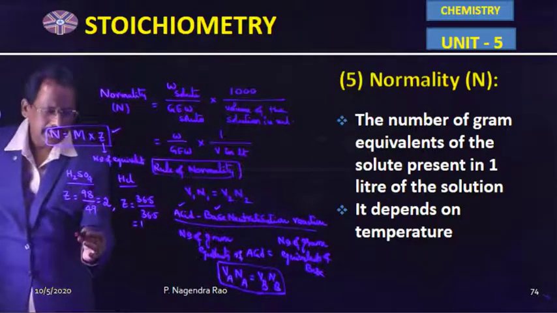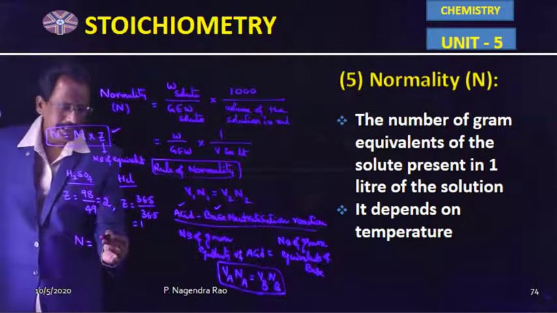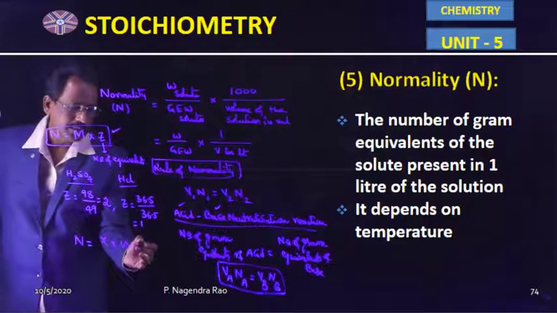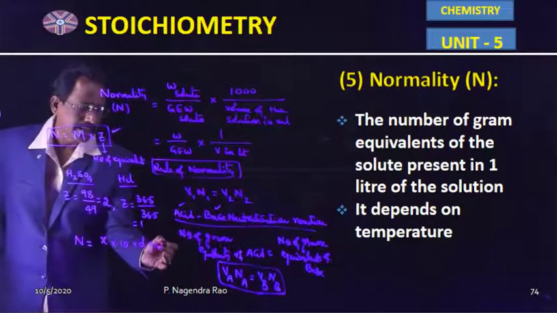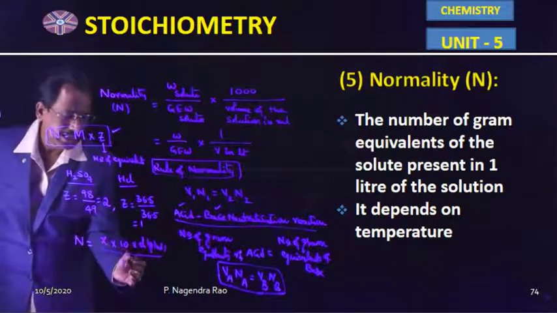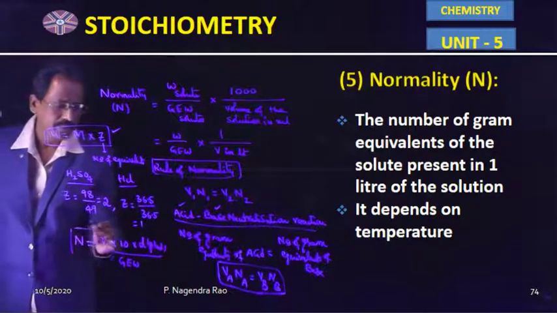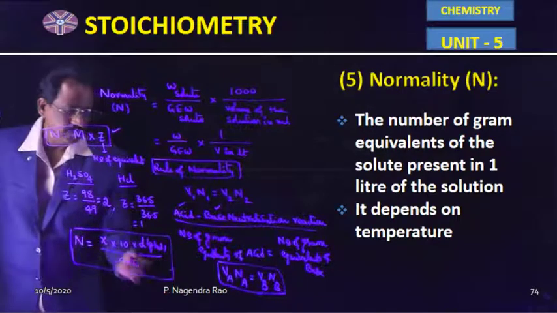Similarly, the normality of the solution is also equal to X into 10 into density of the solution in grams per ml divided by gram equivalent weight. This is another formula if you know the mass percentage of the solute.